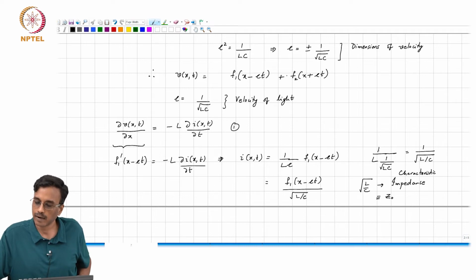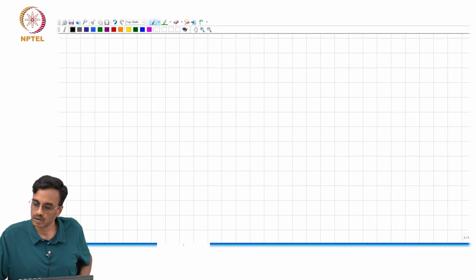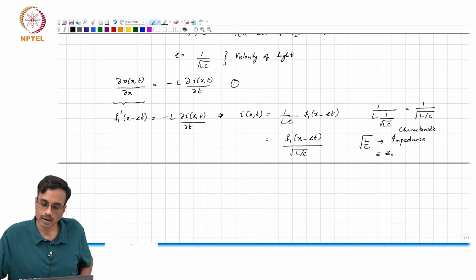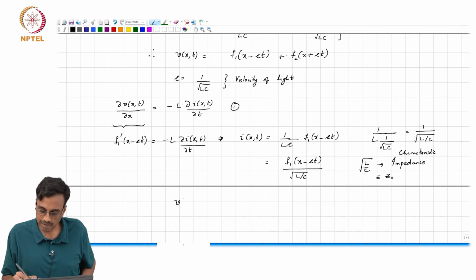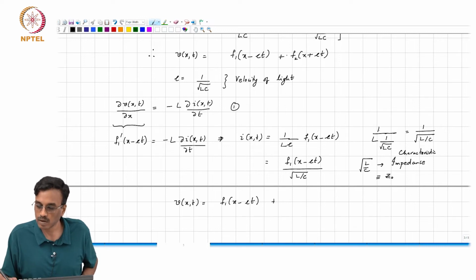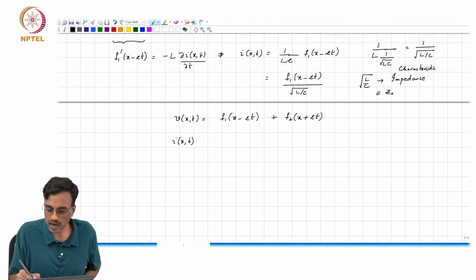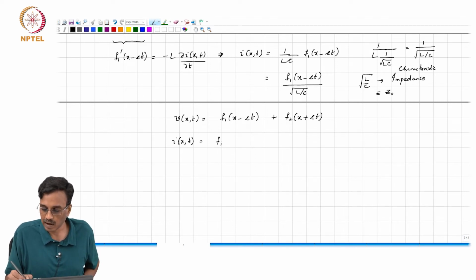So, therefore, if we have the voltage, which is F1 of x minus Ct plus F2 of x plus Ct, then the current I of x comma t is basically F1 of x minus Ct by Z naught.